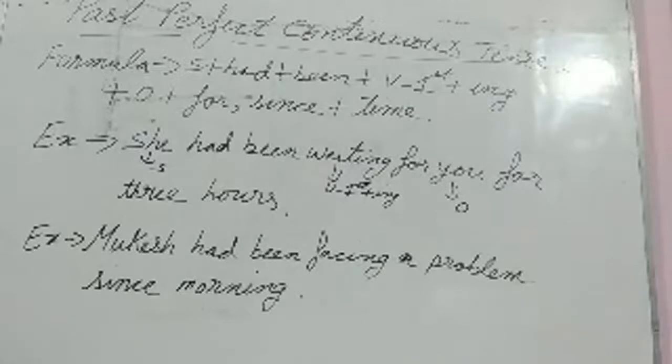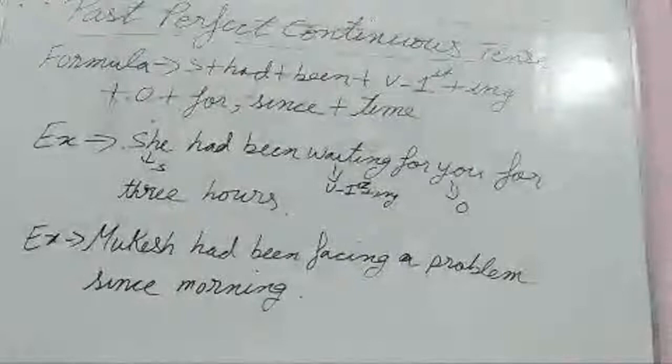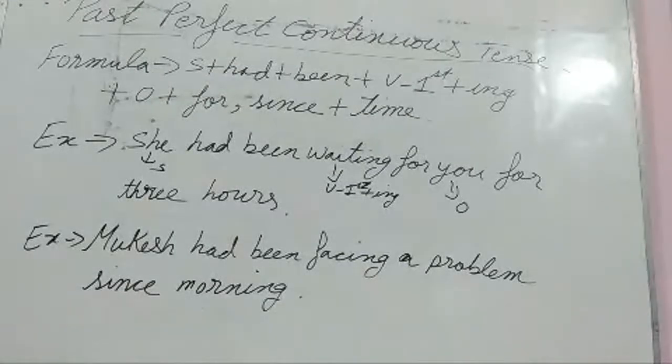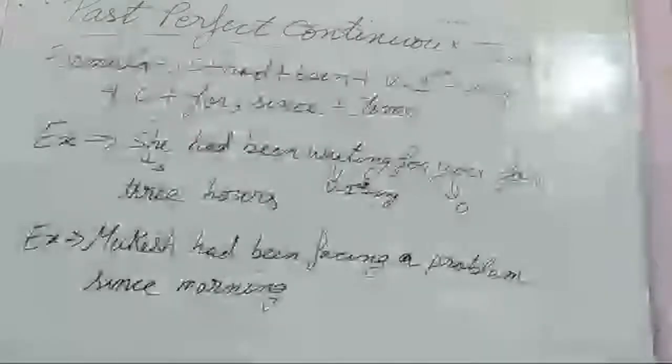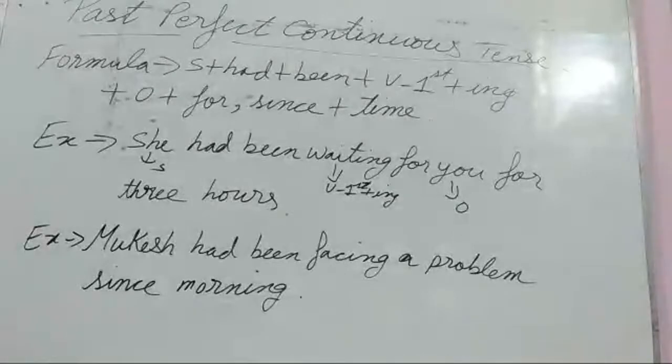First one is she had been waiting for you for 3 hours. The next one is Mukesh had been facing a problem since morning. So these are the two examples of the past perfect continuous tense.